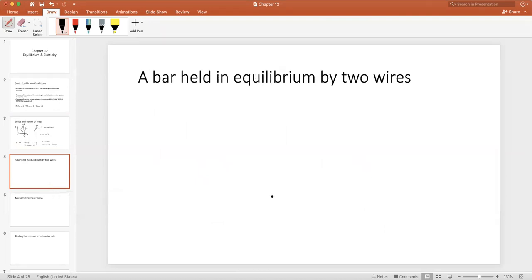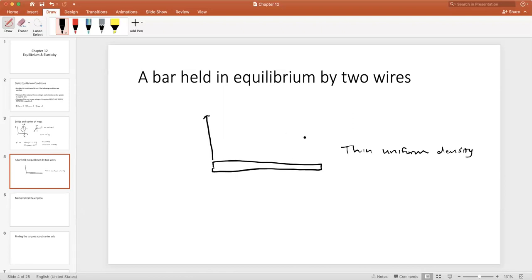Imagine that you have a bar, and it's just a thin, uniform density metal rod, and it's being supported by two wires, one on the left, one on the right.